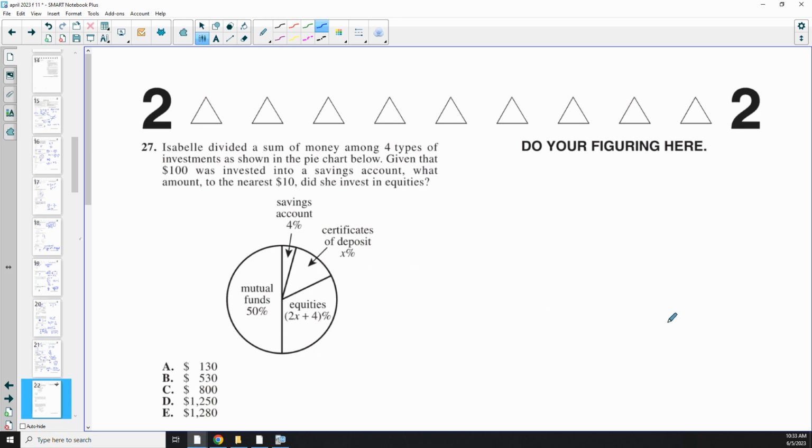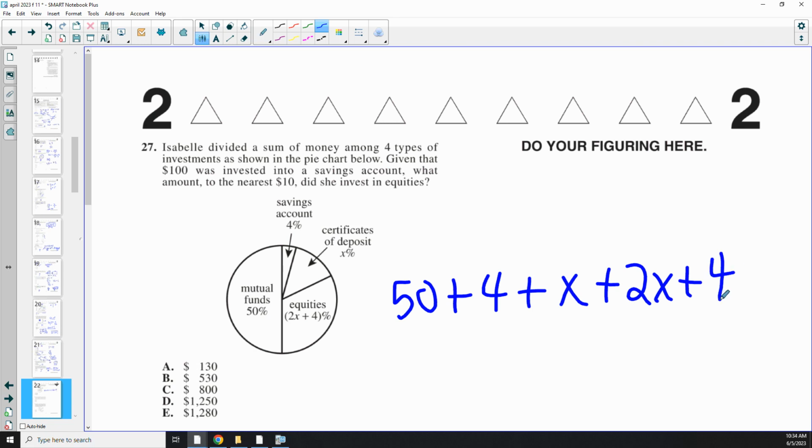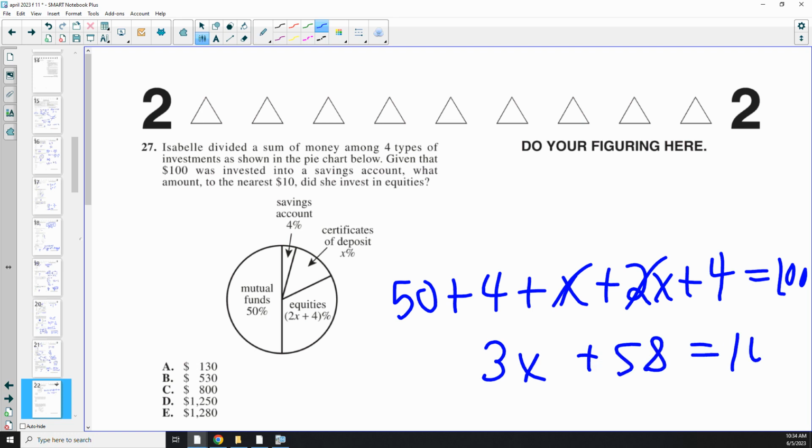And then here we go with percentages. So all of the percentages have to add up to 100. So 50 plus 4 plus x plus 2x plus 4 has to equal 100%. That's everybody. So 3x, you could put this in solver too, plus 58 is 100.